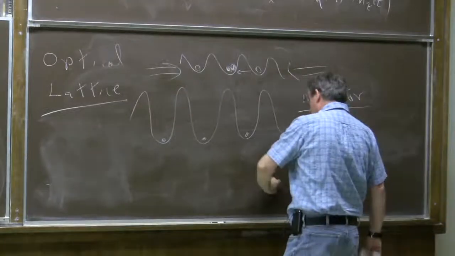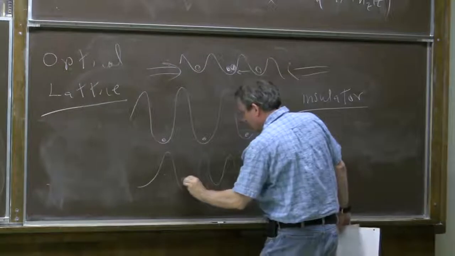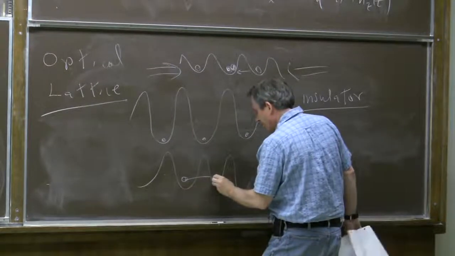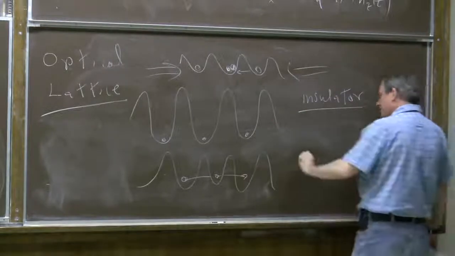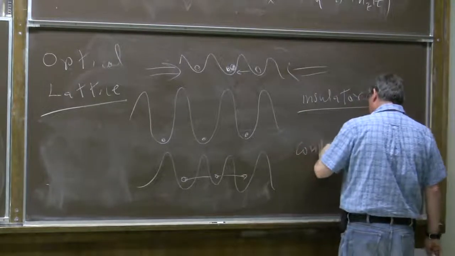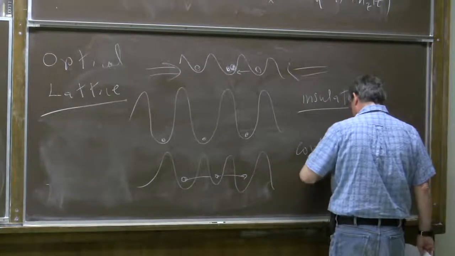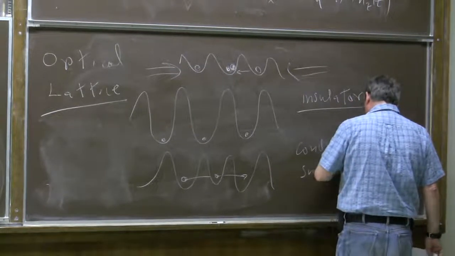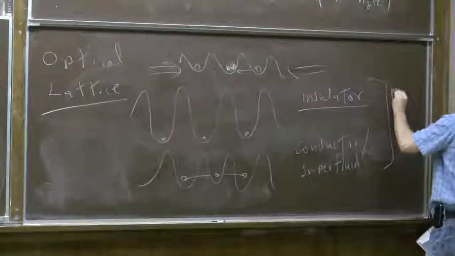But if we lower the height of the potential enough, then there's coherent tunneling from site to site, and it behaves like a conductor, or really like a superfluid, despite the presence of the lattice. Well, the transition between the two is called the Mott transition.